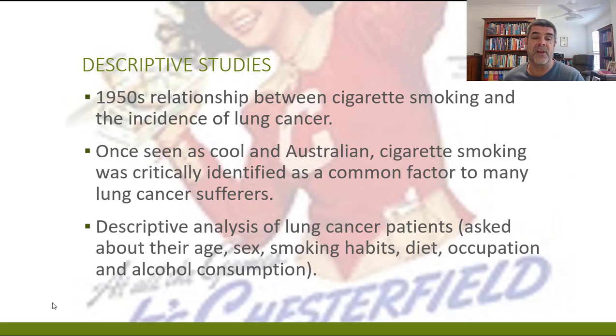Subsequently, descriptive analysis of lung cancer patients, particularly including all of that demographic data, age, gender, smoking habits, diet, occupation, and alcohol consumption, started to find some very significant links between cigarette smoking and the incidence of lung cancer.